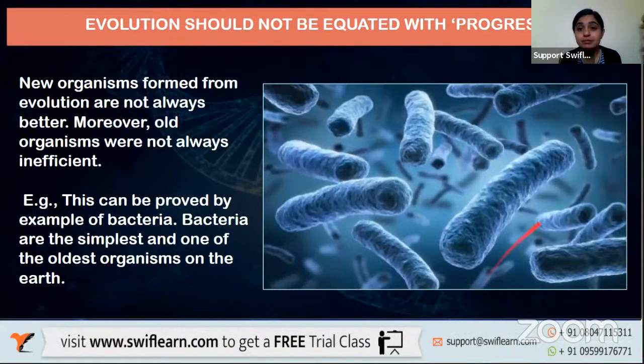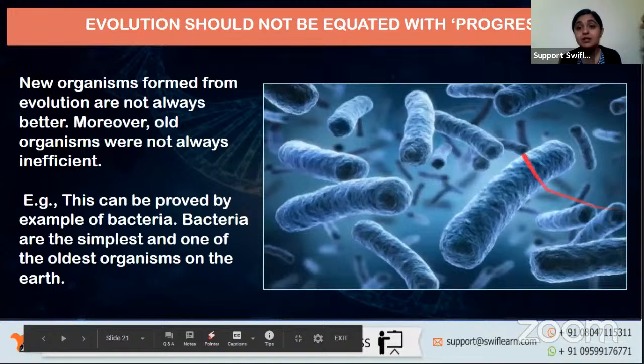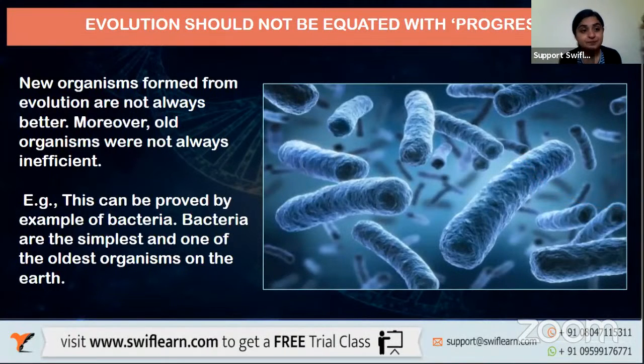Evolution should not be equated with progress. Okay, now why? New organisms formed from evolution are not always better. Moreover, old organisms were not always inefficient. This can be proved by the example of bacteria. Bacteria are the simplest and one of the oldest organisms on earth.